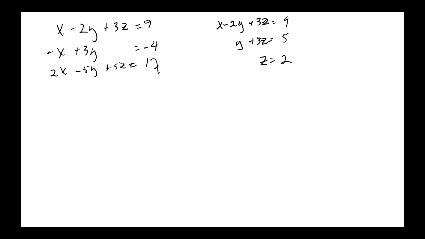Then you can take this and plug it in here, and that would be what? Y plus 6 is equal to 5. So y would have to be -1. So now you have 2 pieces of the solution. But then you can plug in here, put a -1 in here, a 2 in there, and what would that give you? Positive 2, so x plus 2 plus 6 equal 9.